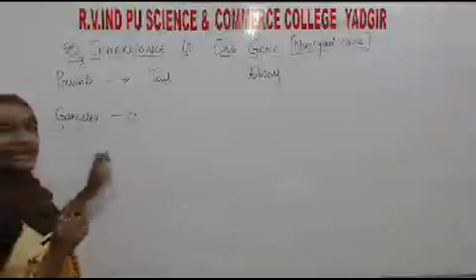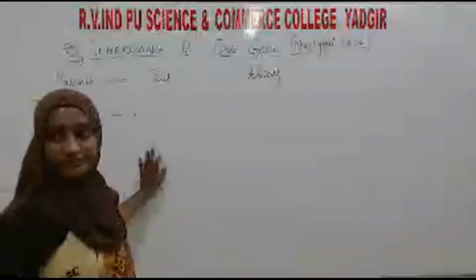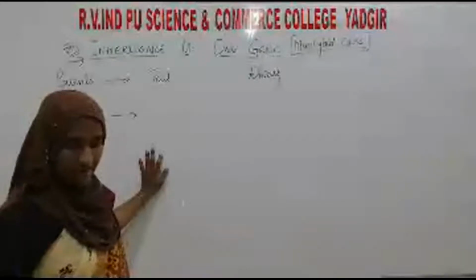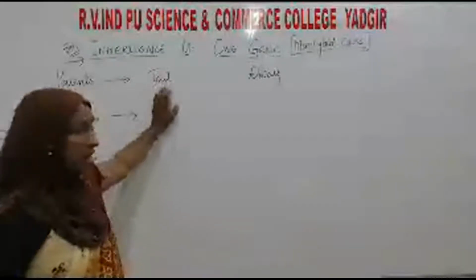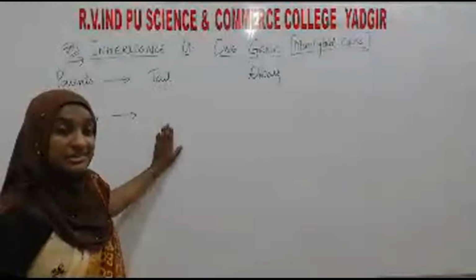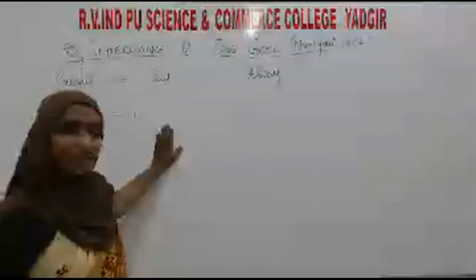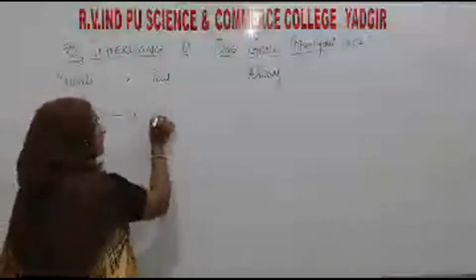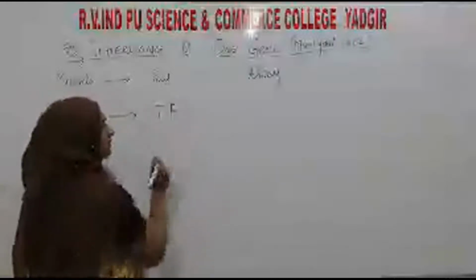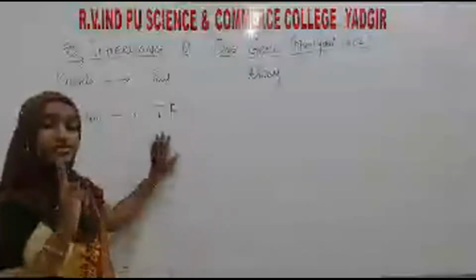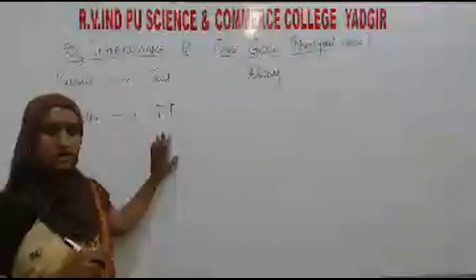And the gametes will have the genes. For tall, how can we represent the genes? With the capital letter, capital T and capital T. And why are we taking two times capital T?